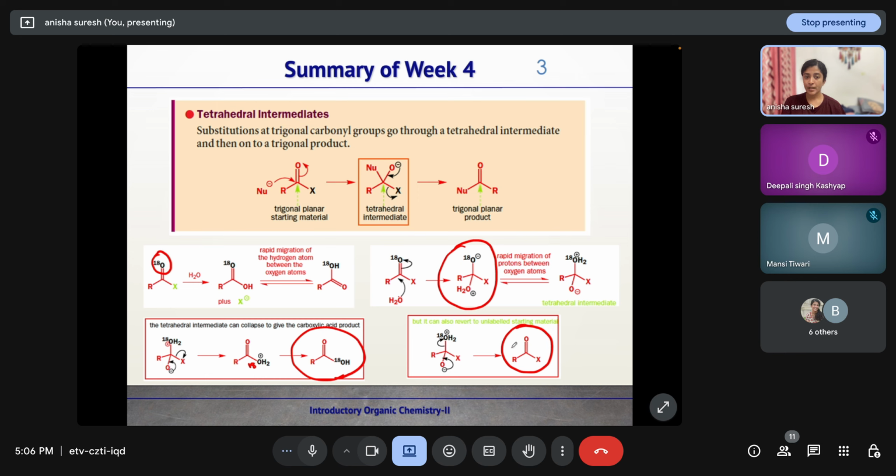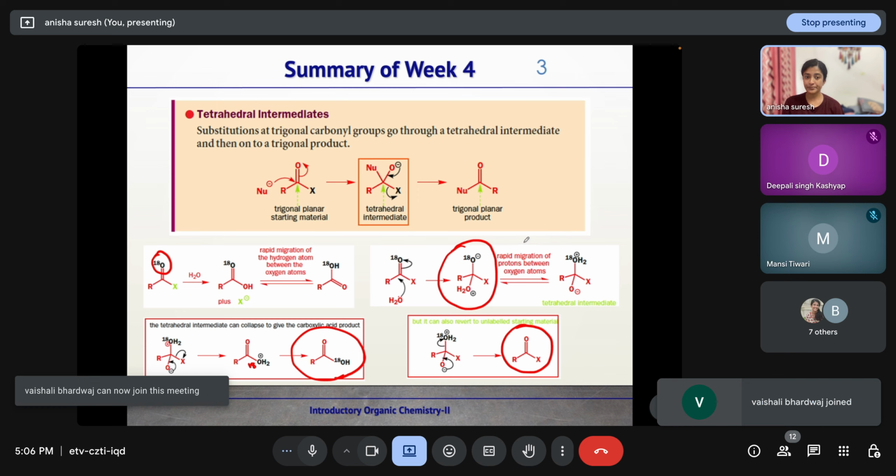So this experiment confirms that the reaction goes through a tetrahedral intermediate, because the starting material was initially O18 labeled, and the product that forms does not have the label. For that to happen, the carbonyl carbon-oxygen bond must break, and that can happen only if it is a stepwise mechanism. Any doubts regarding this?